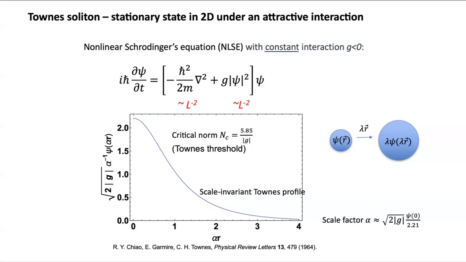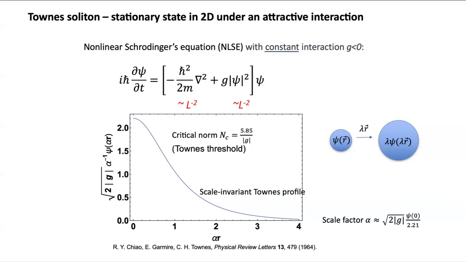But in 2 dimensions, it's very difficult to form solitons, because both the kinetic energy term and the interaction term are inversely proportional to the length scale squared. So that means that one wants to create attraction, one wants to disperse the gas. It's very difficult to find a specific length scale to balance these two counteracting terms, right?